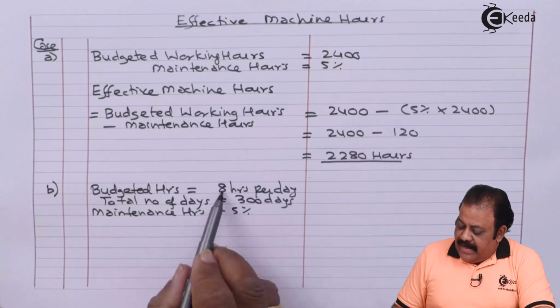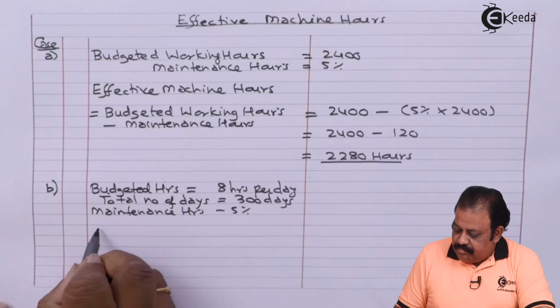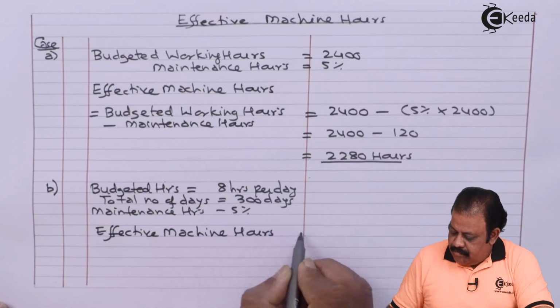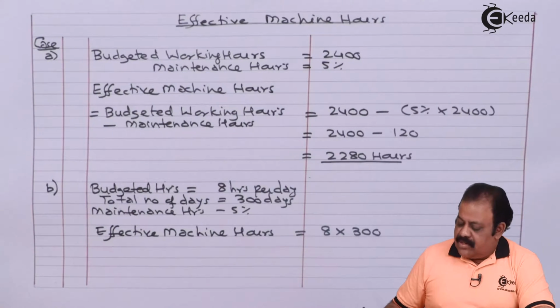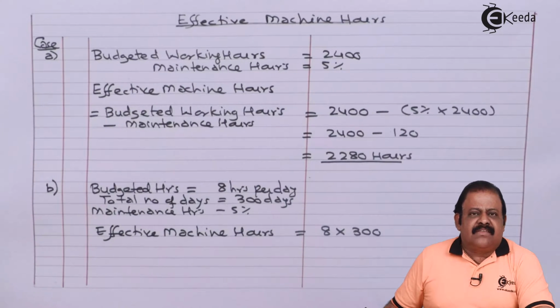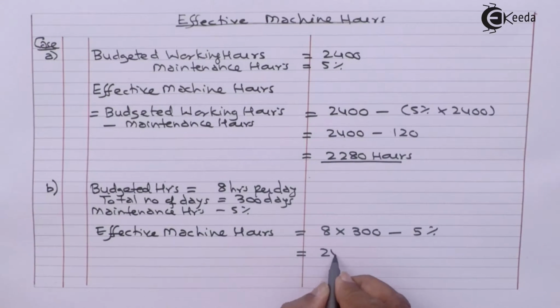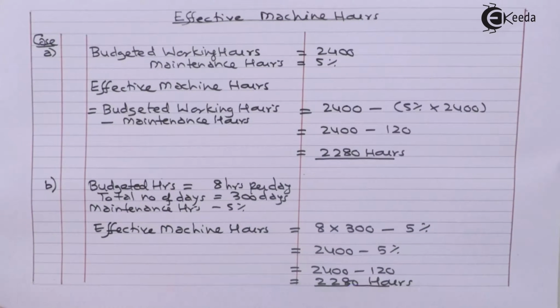So we are required to do 8 multiplied by 300 to get yearly hours. From that we are required to deduct 5% maintenance hours. So it will be 2280 hours.